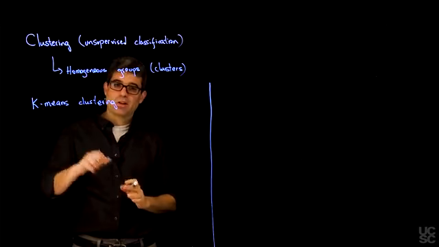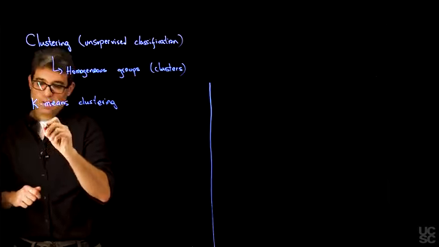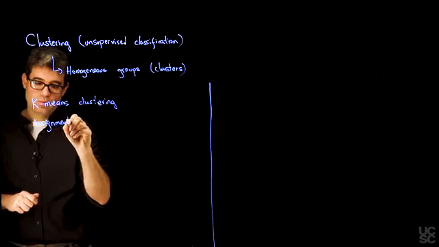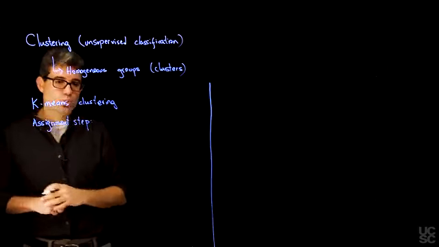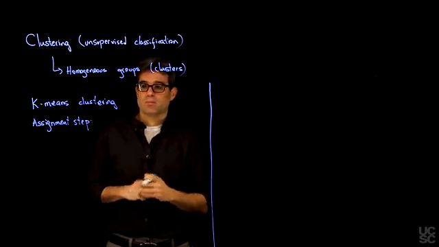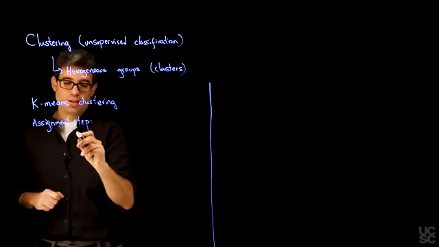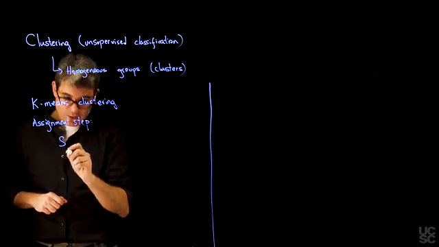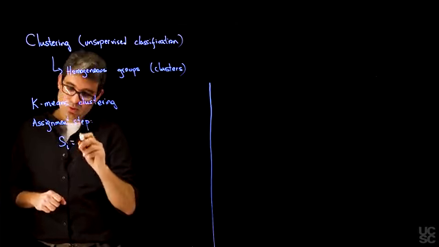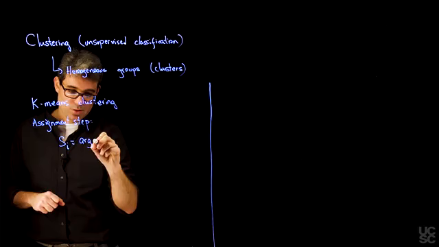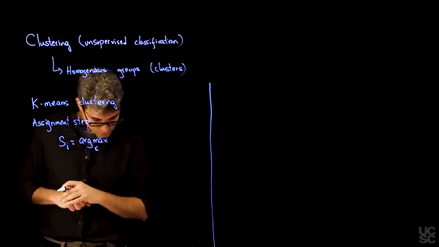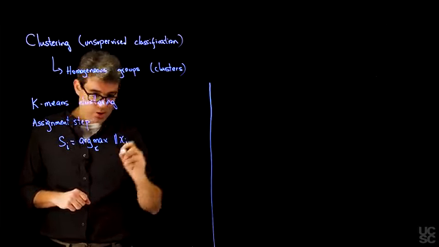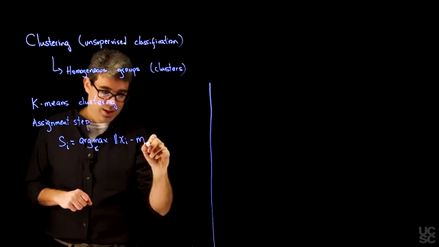The algorithm for k-means clustering has really two steps. The first step is what we could call an assignment step, where we decide which component each observation belongs to. So we decide on the s_i's. And the form of that step is such that we make s_i equal to the arg max over k of the distance between each observation and the k-th center.